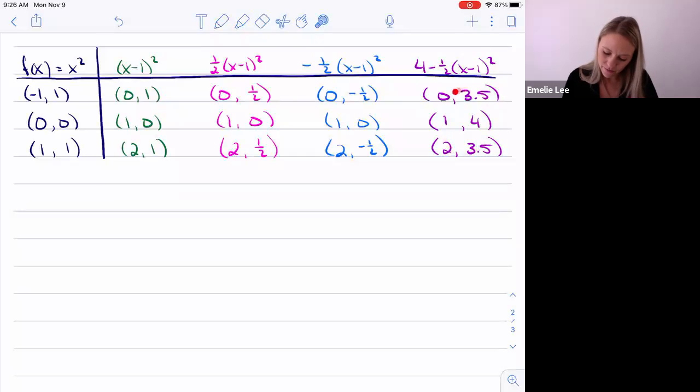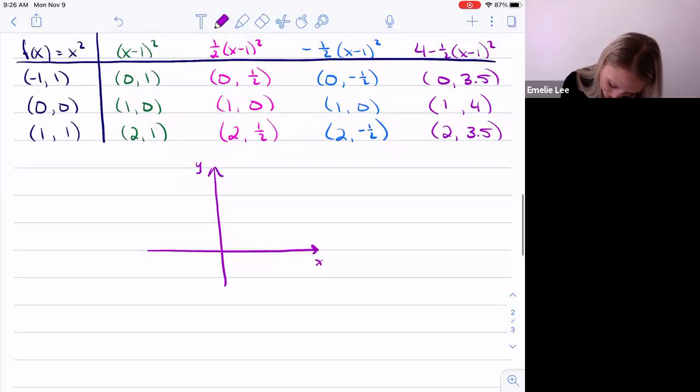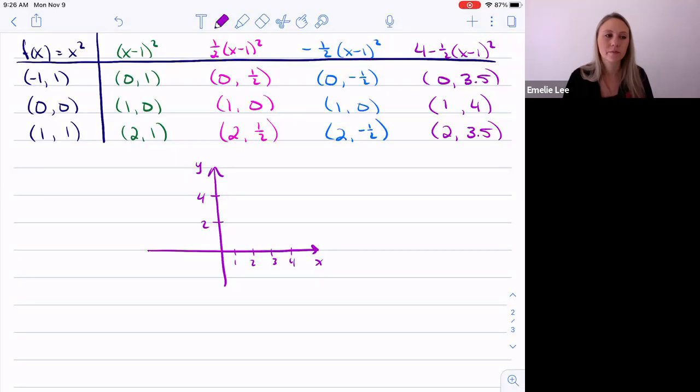So now I can plot these points and I'll just sketch them quickly here. X-axis, y-axis. So let's say this is at 2 and 4, just because I didn't do a very good job of sketching these. 1, 2, 3, 4.